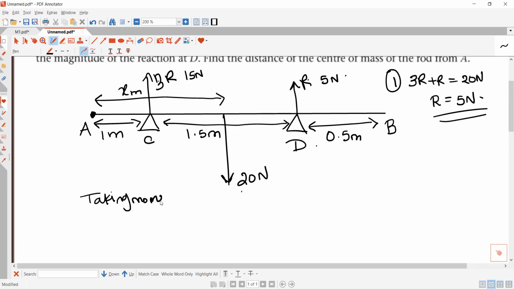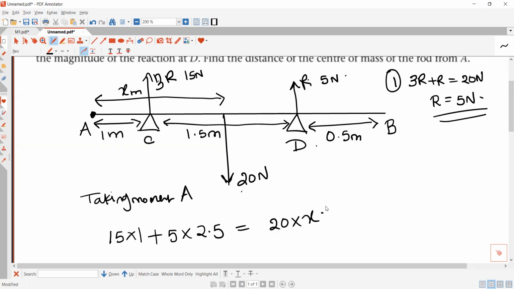Taking moment at A. You can see yourself, this is anti-clockwise, clockwise, anti-clockwise. So 2 anti-clockwise, 1 clockwise. Anti-clockwise, what would I have? I have 15 into 1 plus 5 into 2.5 equals 20 into x. Find the value of x. I'm pretty sure the rest you can do on your end.